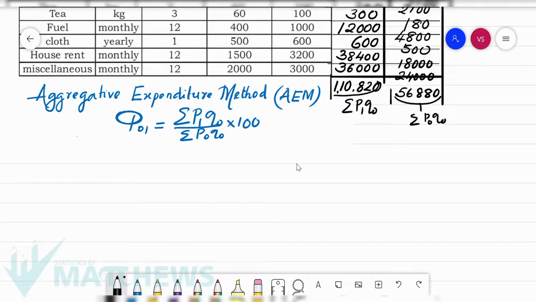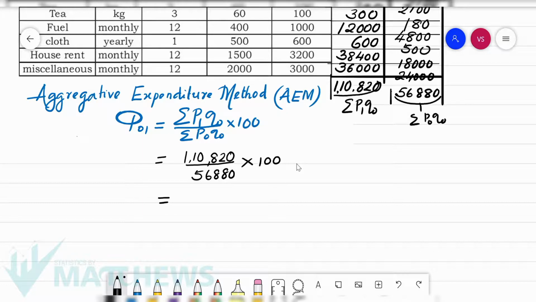That is equal to summation P1 Q naught, which is 1 lakh 10,820, divided by 56,880 into 100.